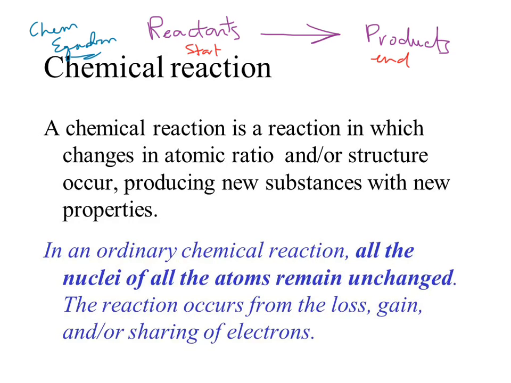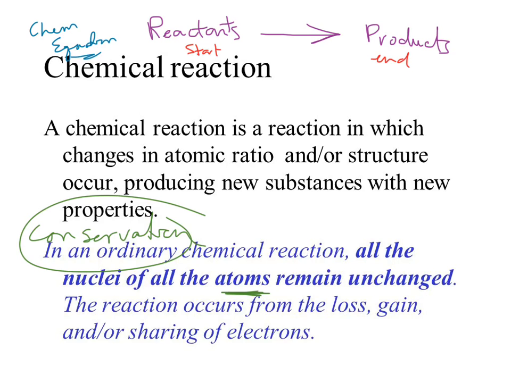What this says is that there's a conservation going on. There are a lot of laws of conservation, and this blue is talking about conservation. It says that all of the atoms that you start with are atoms that you end with. They're conserved. I think of that reaction arrow between your reactants and products as kind of like a magic black hat.